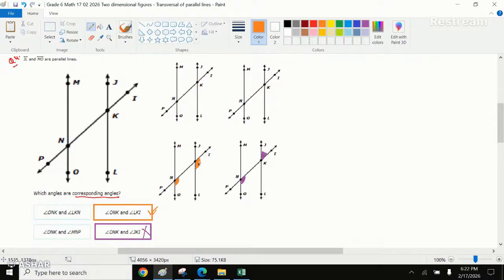Yes, they are corresponding angles. ONK, LKI. Do we agree on this? Do we agree? Do we agree that ONK and LKI are corresponding angles?